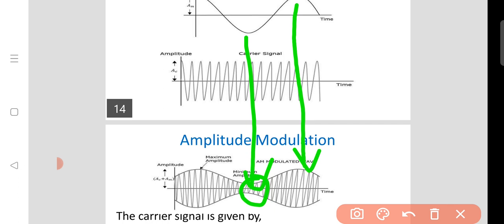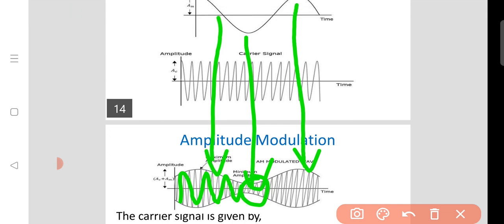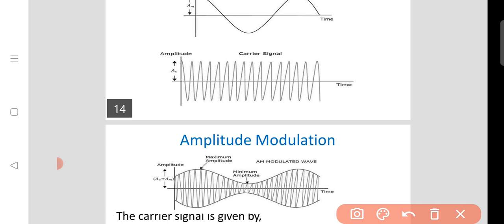I hope you understand this scenario. I repeat, the amplitude of the carrier signal varies with respect to the instantaneous values of our actual message signal. Now what we observe here is that the amplitude of the carrier is AC.